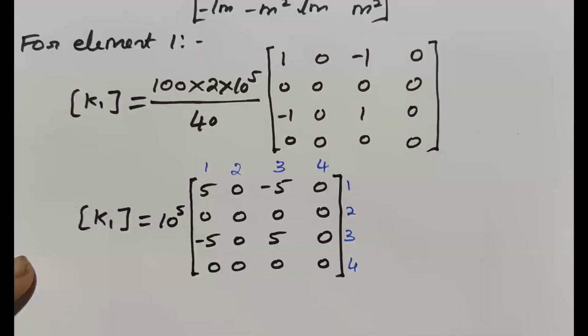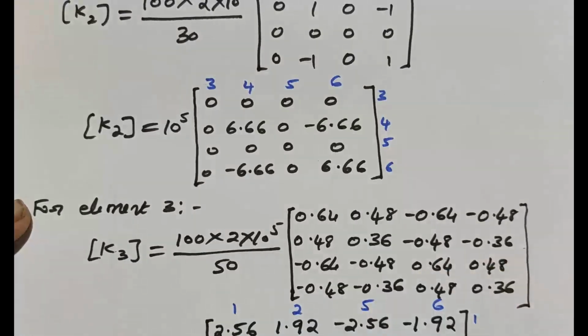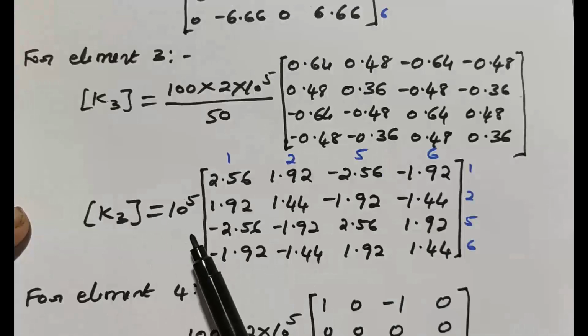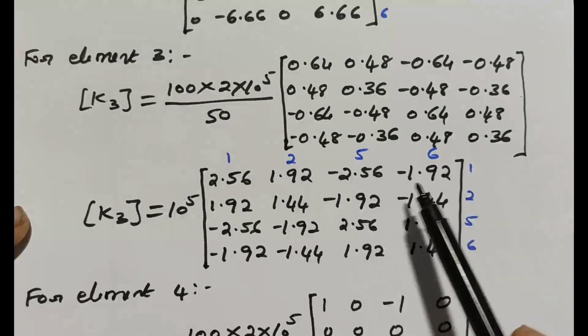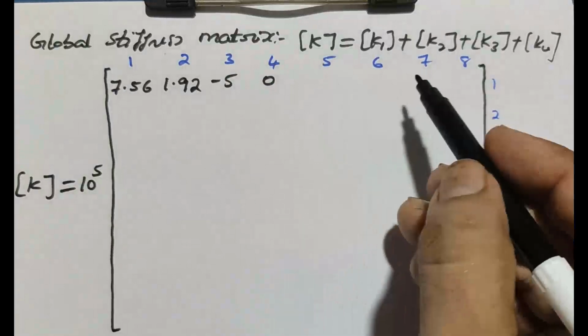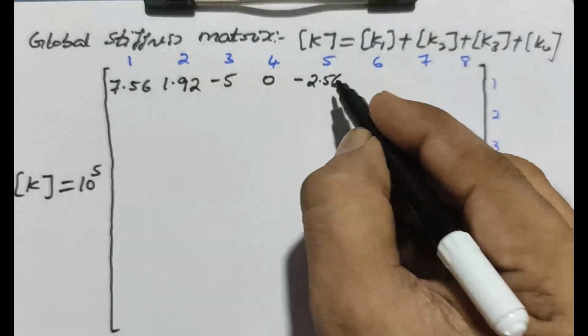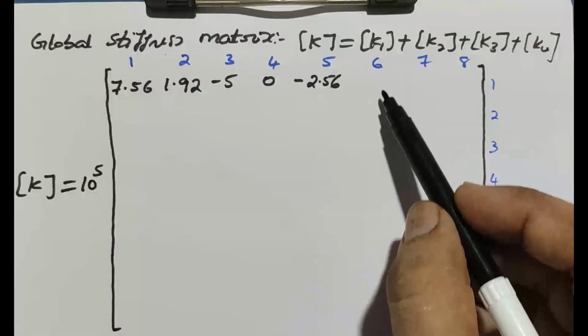In K1 and K2 we don't have any element corresponding to 5 and 1. See in K3 we have element corresponding to 5 and 1, that is -2.56. In K4 also we don't have any. Therefore element corresponding to 5 and 1 is -2.56.